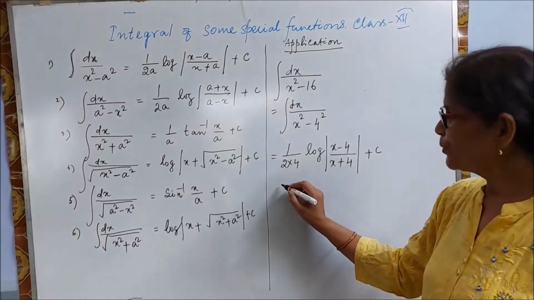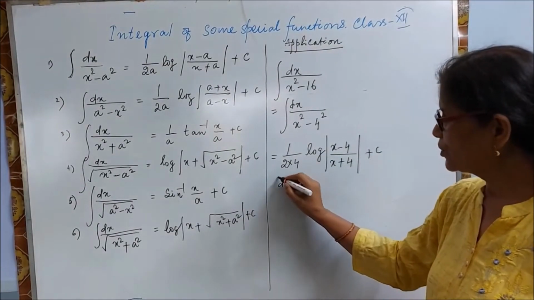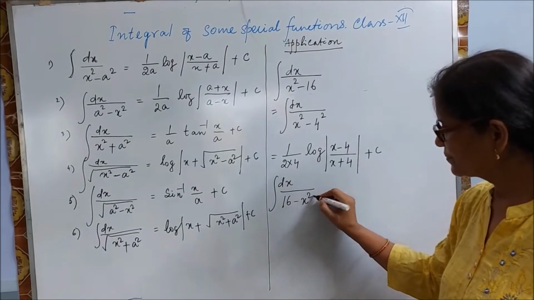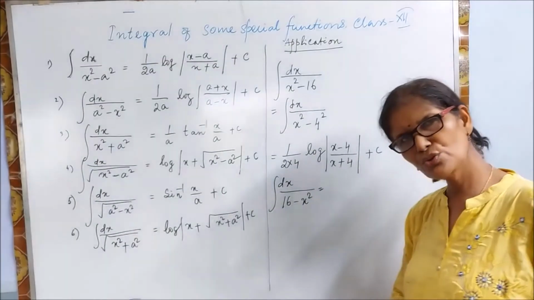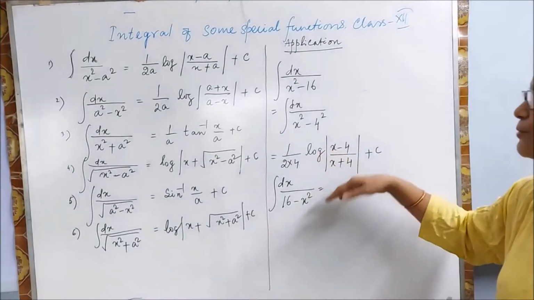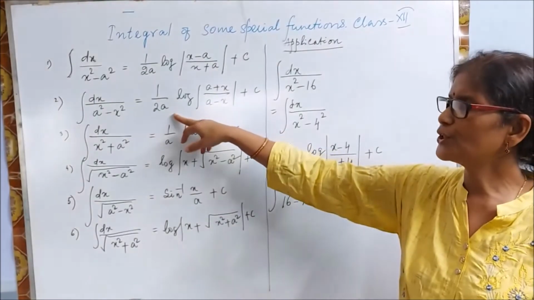So now if it would be dx by 16 minus x square, you can do this question in two ways. First, you can take minus common and put it outside, then apply the same formula. Or you can directly apply this formula.